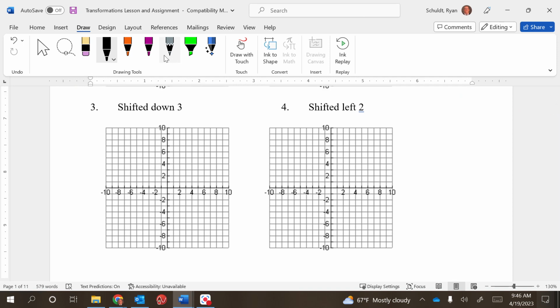Okay, down 3. If I was at 0, 0 and I had to go down 3, I would end up at 0, -3. That means I'll take the y and subtract 3 from it.